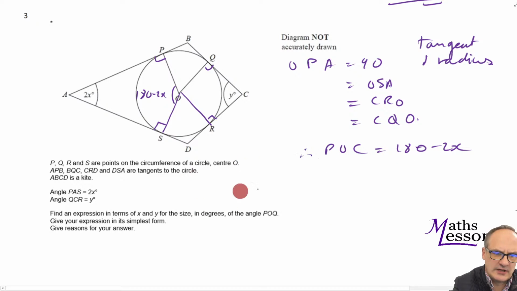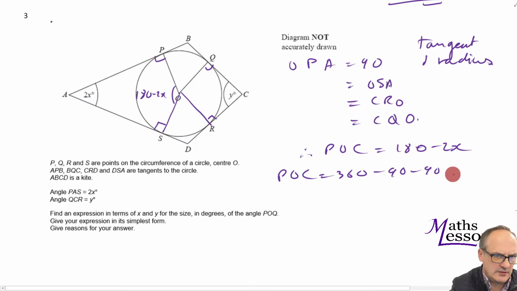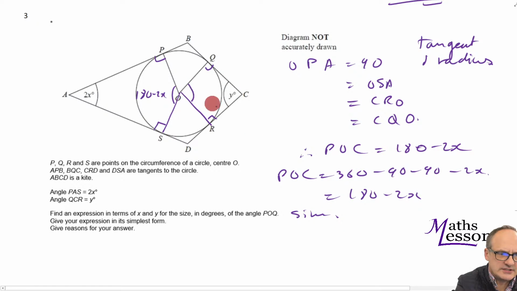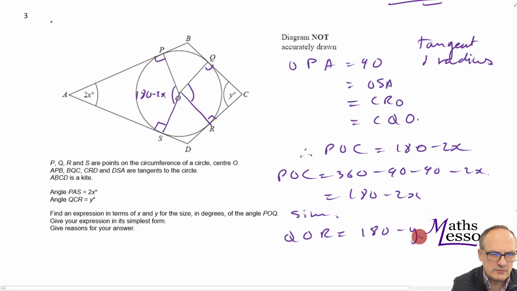Okay, we could say angles in a quadrilateral as your reason, because you can, or you could just write out the full working: equal to 360 minus 90 minus 90 minus 2x, and then we'd have got that. So equals 180 minus 2x. Similarly, we're going to get this angle here, QOR, is equal to 180 minus y.